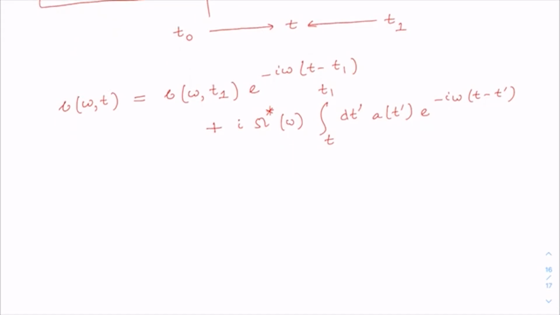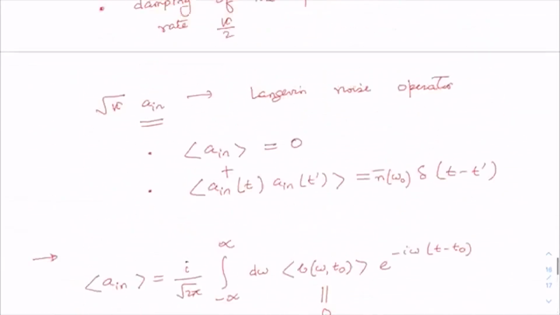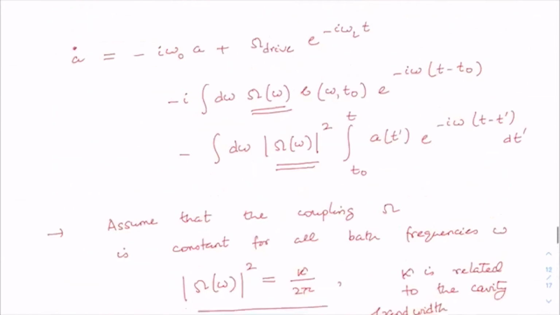We can again begin from the change of variable for the bath. If we take the change of variable, that is, we introduce this quantity b tilde, so b tilde dot is equal to minus i omega star a e to the power i omega t. Let me quickly take you back to the way we have done it earlier.